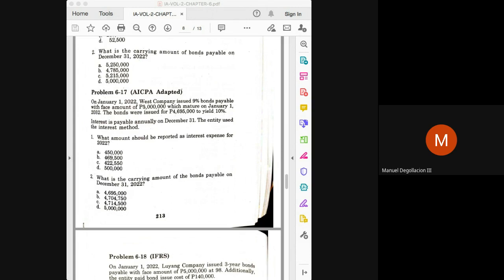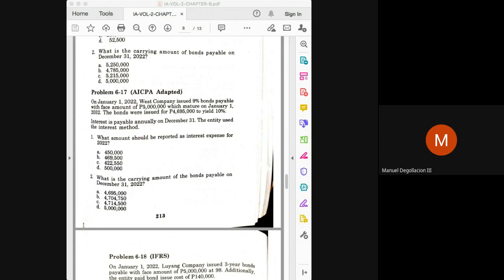So our interest expense would be 469,500. Again, take note, interest expense would be the easiest, the first thing we can solve out of the four commonly asked questions if you're using the effective interest method.